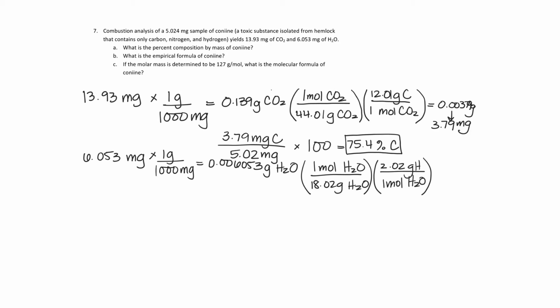We now know that there are 0.679 milligrams of hydrogen in the sample of conine. Given the total mass of conine in this sample is 5.02 milligrams, we can find the percent composition of hydrogen in this sample to be 13.5%.